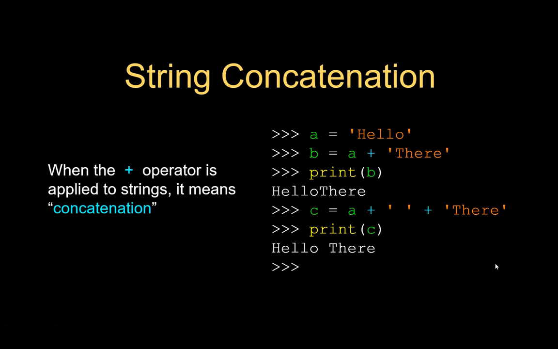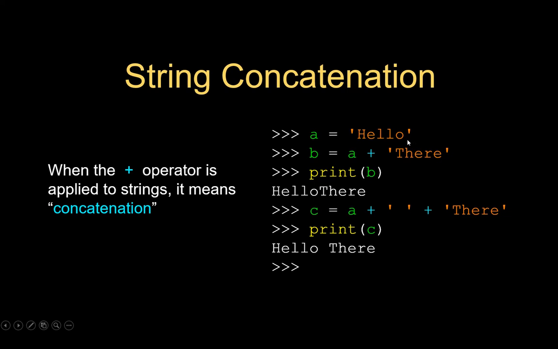Okay, we can do concatenation. Again, this is not a very new topic here. We talked about it before. Here we assign string hello to A. We're going to use the concatenation, the plus operator, to add A to there. We're going to print it. We're going to have hello there.